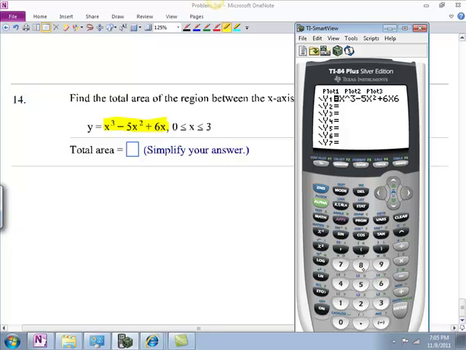Now you changed your window, so what was that? I always do a zoom 6 just to get back there, but then I'm going to change it here and make that 0 and 3.